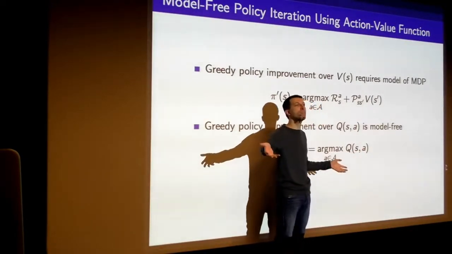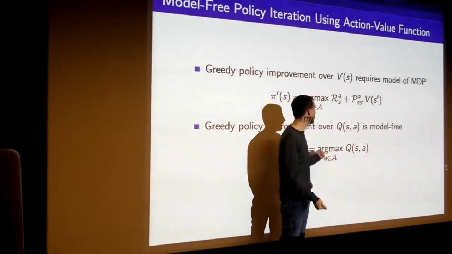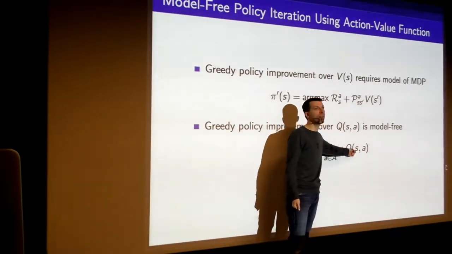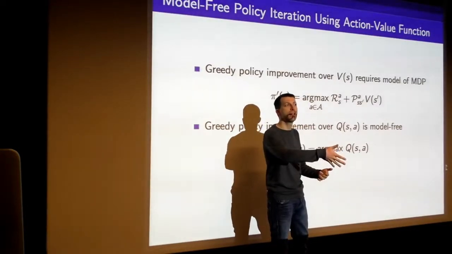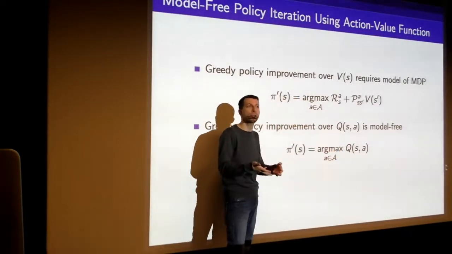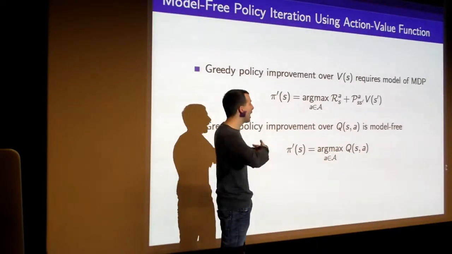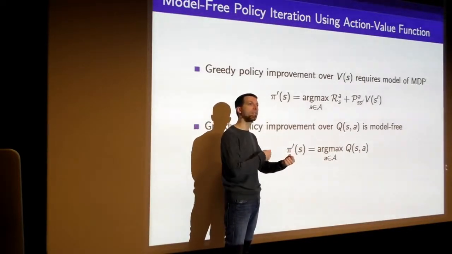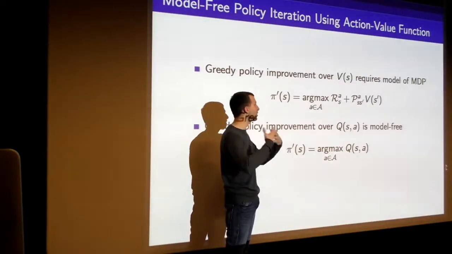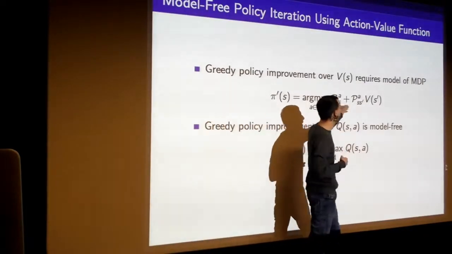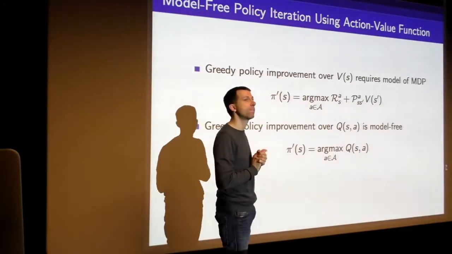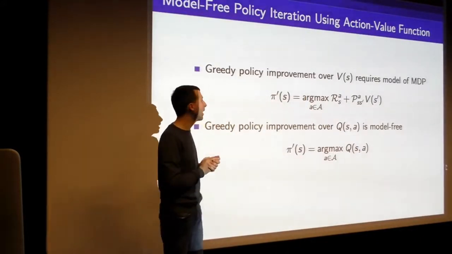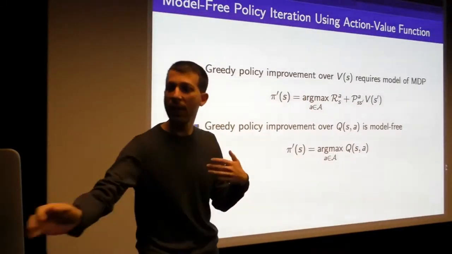Now if we want to make a better policy, what do we do? Well, we just pick the action that maximizes our Q values. That's the best action. It's immediate. You don't need a model to roll anything forward. It's already there in the structure that we've created. So by caching the values of our actions, we reduce the burden of what we require from our model. We don't need to look at the model anymore. We don't need to roll it forward. Is that clear? Okay.